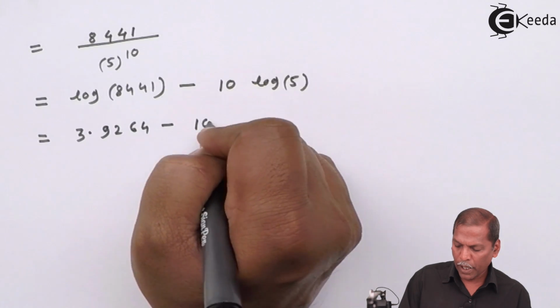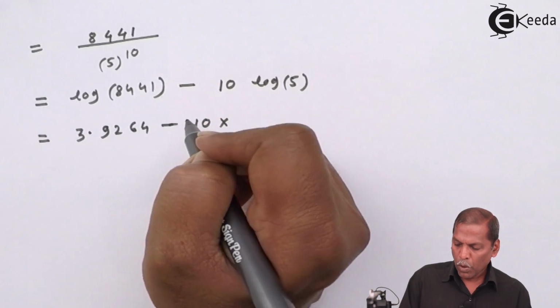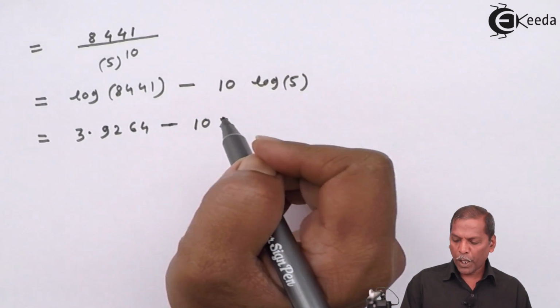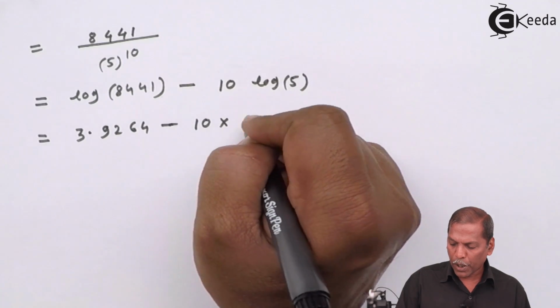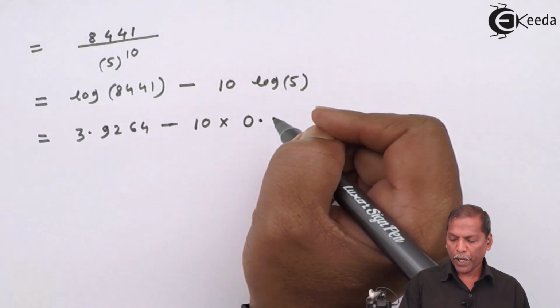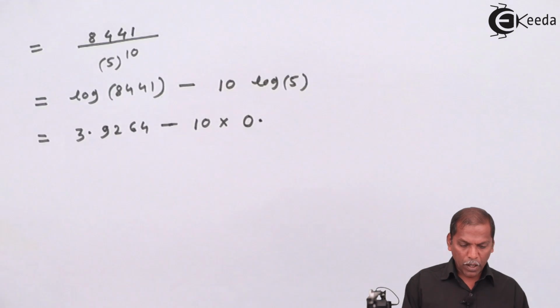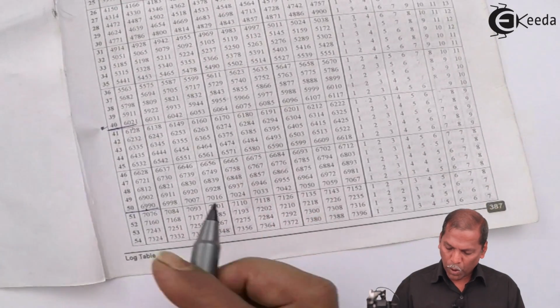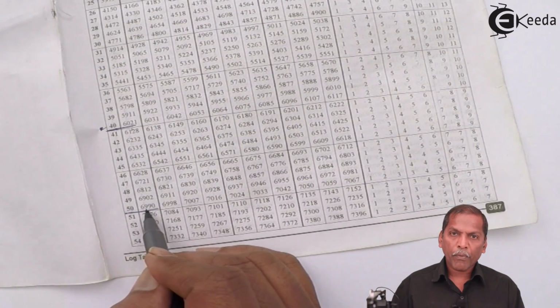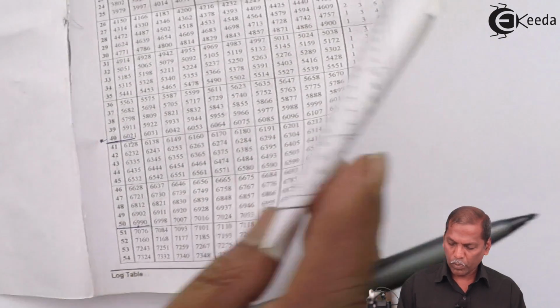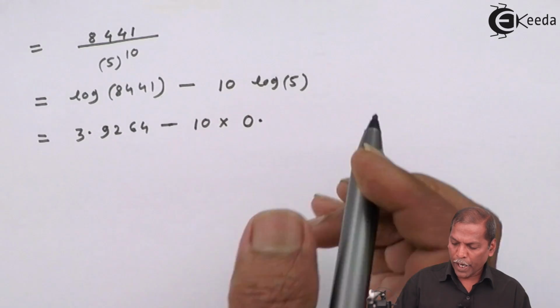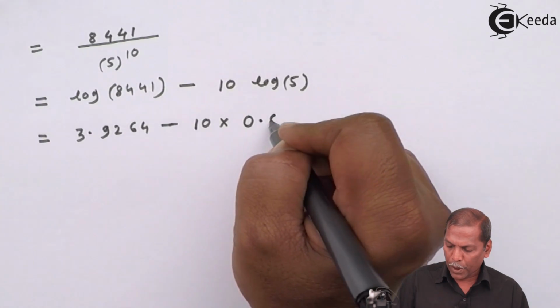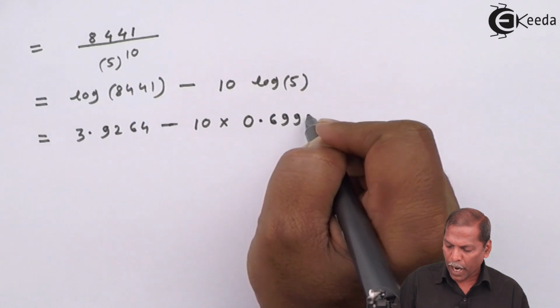Minus 10 into. Now here we have only a one digit number, so the characteristic should be 0 point. Now for 5 we see 50 under 0, so that gives 6990. So log 5 gives us 0.6990.